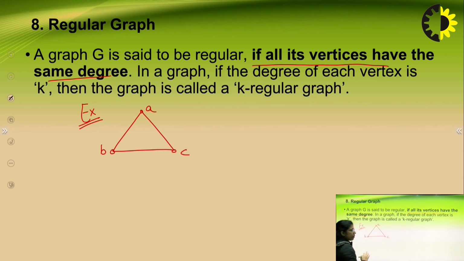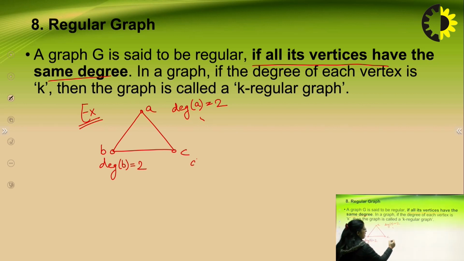This is a graph where the degree of A is 2, as 2 edges are connected to it. The degree of B is again 2, and the degree of C is also 2. So all the vertices have the same degree, that is 2.